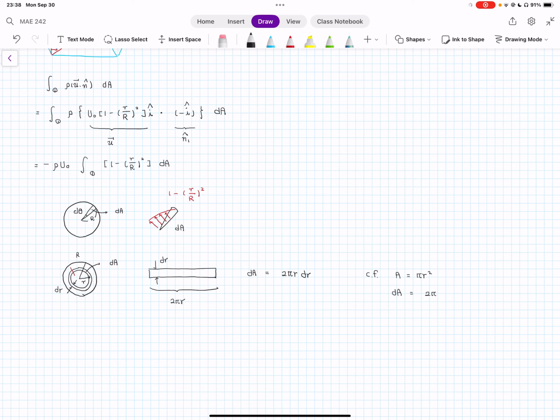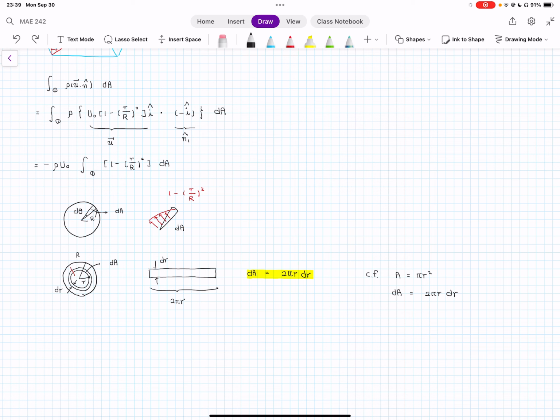It's going to be 2 pi r dr, which is equivalent, but the one I talked about is based on geometry, whereas the one I'm comparing with is based on calculus. So now I get this expression for dA, the infinitesimally small area, written in terms of the radial direction variable. And now I can substitute this into here.